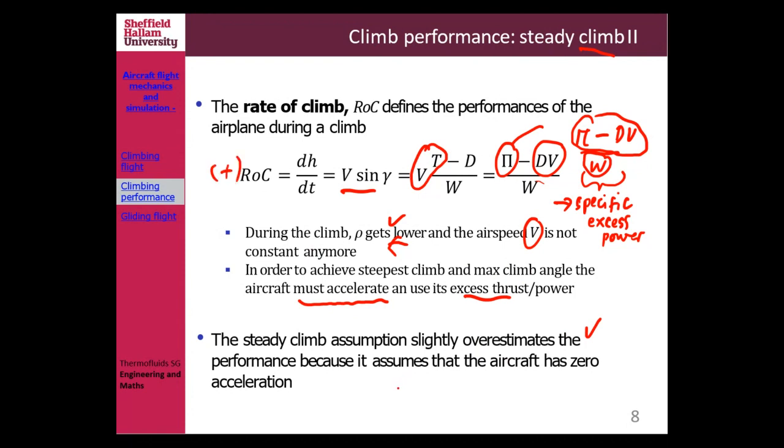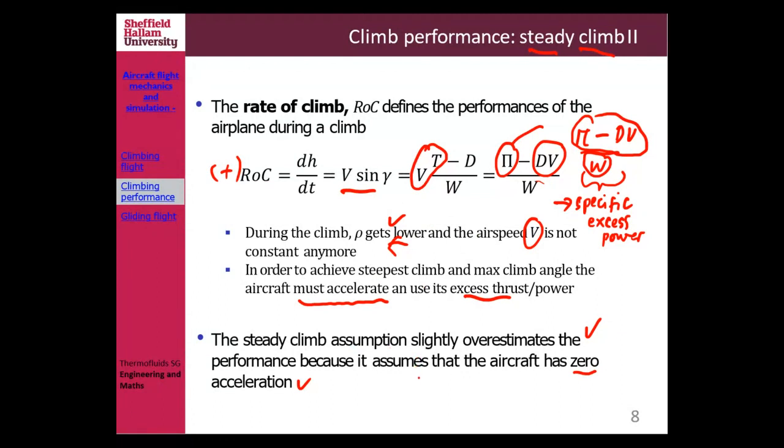Okay, but this assumption is slightly unachievable or an overestimate, because usually in order to do that, your aircraft has to have an acceleration. But when we say steady, we always say zero acceleration. Because of this fact, it's quite difficult to achieve.